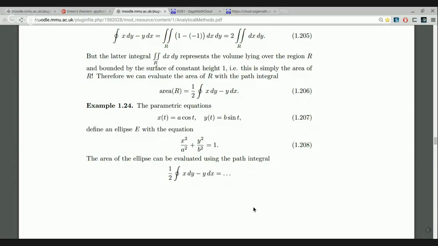So the dt is common to everything, and this starts to look like something which will come out without too much bother. So we've got a half of the integral from 0 to 2 pi, and this factorizes: the ab can come out, and we've got cosine squared t plus sine squared t dt.